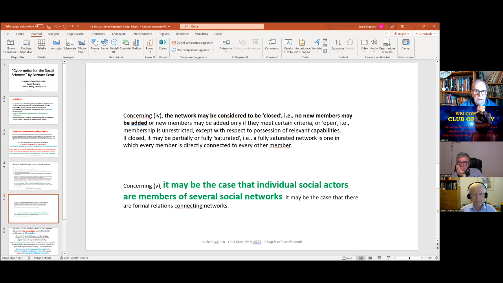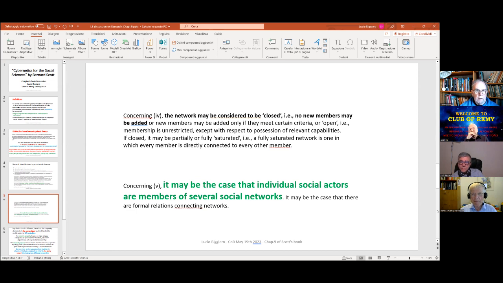within certain situations. There may well be social networks where new members may not be added. If we're strictly speaking of a biological family, for example, with mother, father, son, and so on, if they've got so many children, if they're all sterilized, then there would be no more members added.